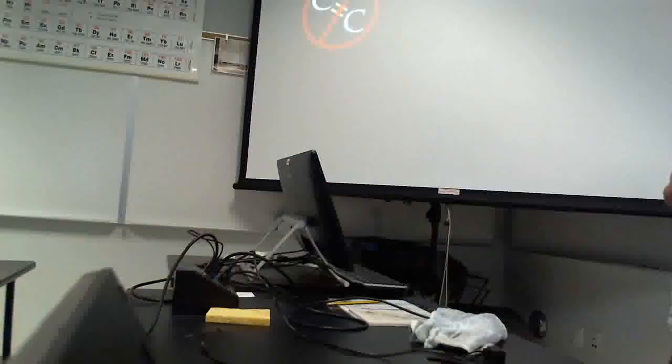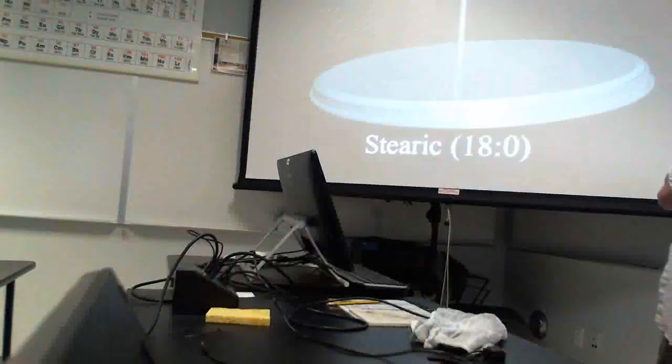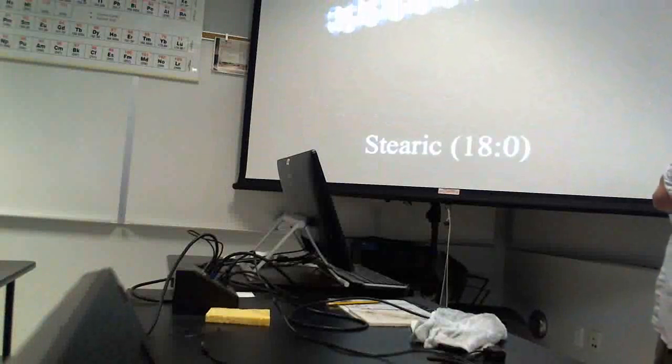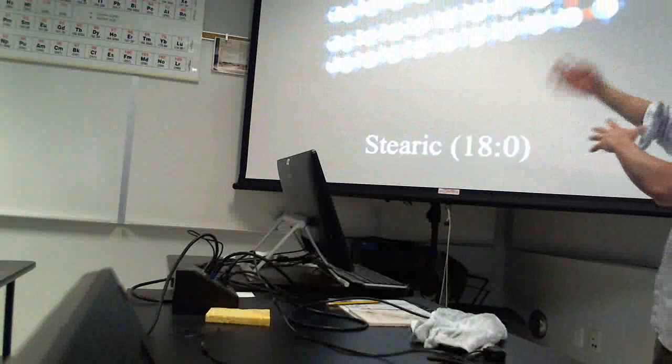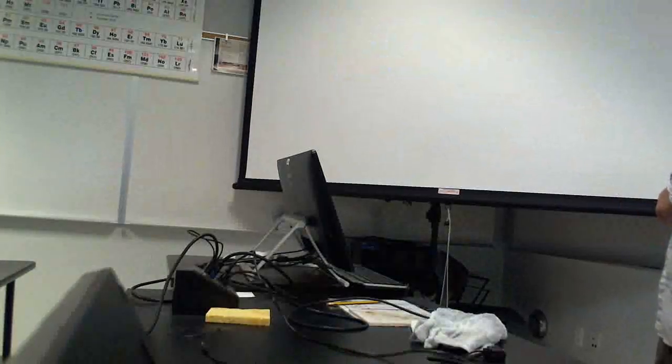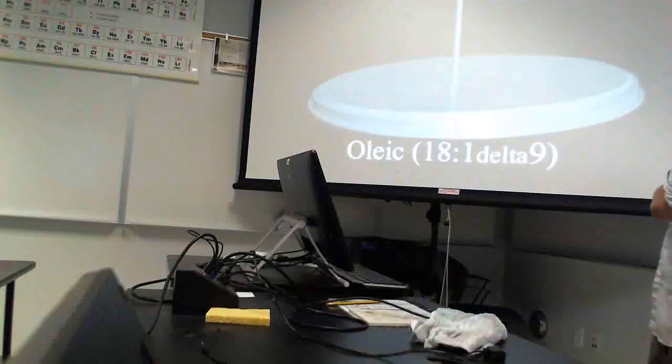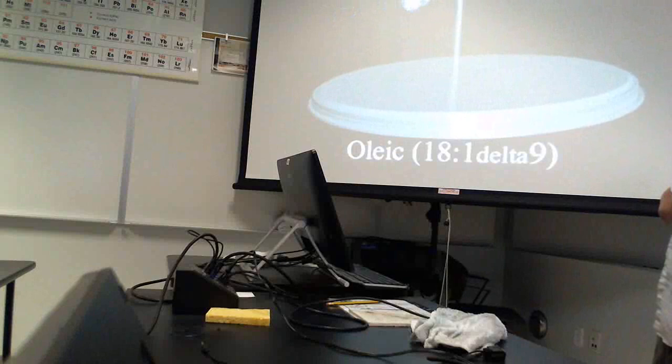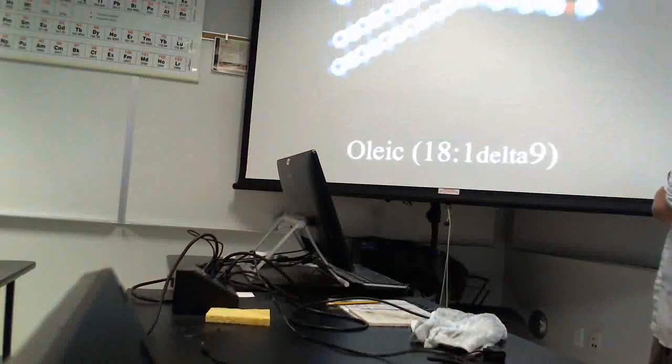Saturated has all sp3, and so it's like this, and then this thing can undergo free rotation. Unsaturated would have an sp2. Sorry, I got that backwards. And so do you see it's rigid where the double bond is? The double bond can't rotate there. But otherwise, it's floppy everywhere else.